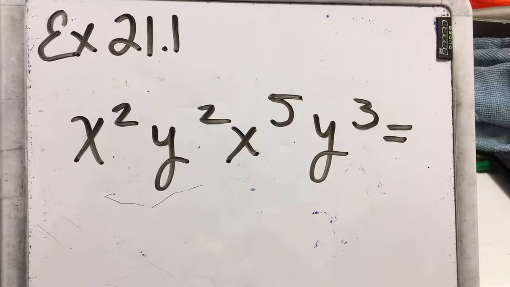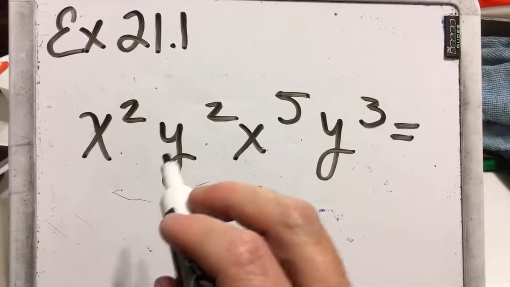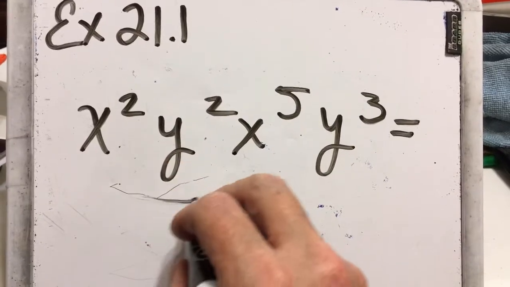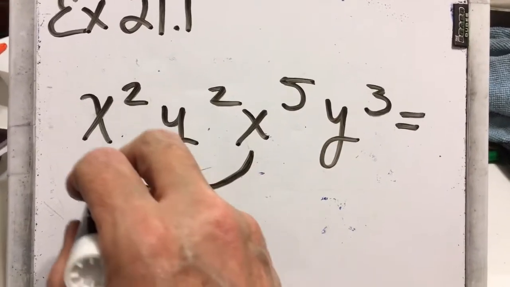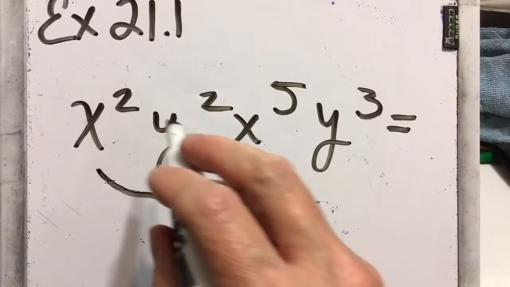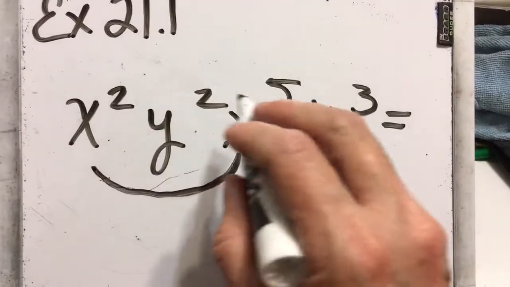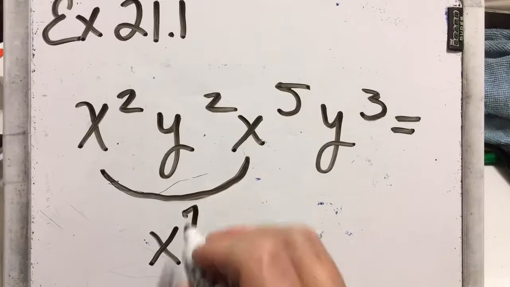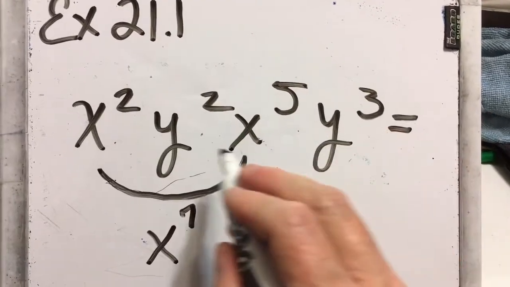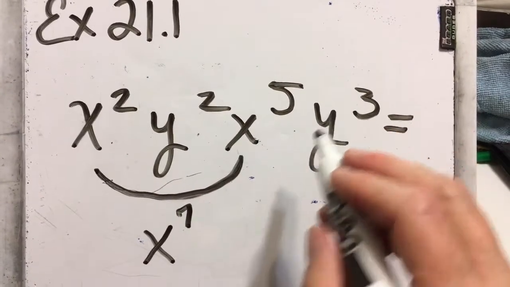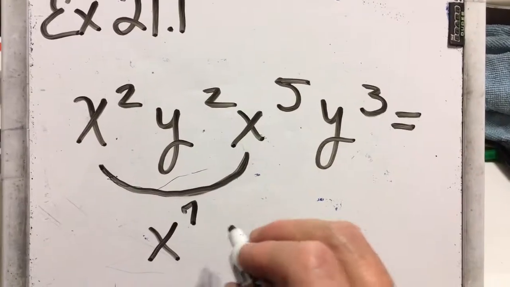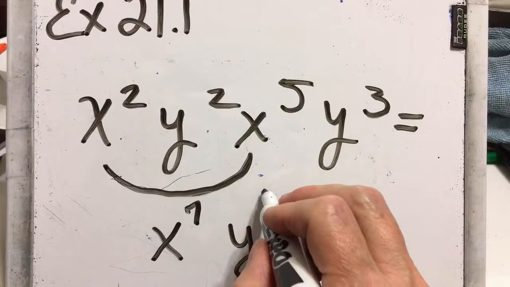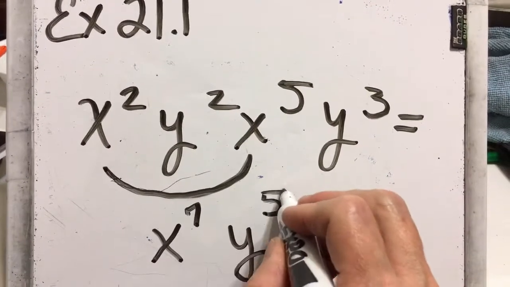So here's another example, and notice that I have x's and y's here. So I'm going to take the x and the x, and those two are going to be joined together to get me x to the 2 plus 5, which is x to the 7. And then I'm going to join my y's with multiplication, and I will get y to the 2 plus 3, excuse me, or y to the 5th.